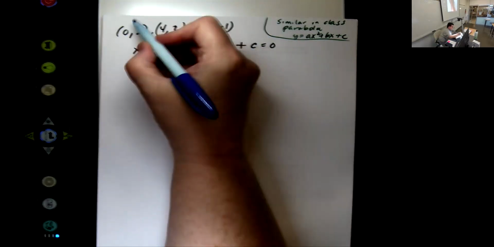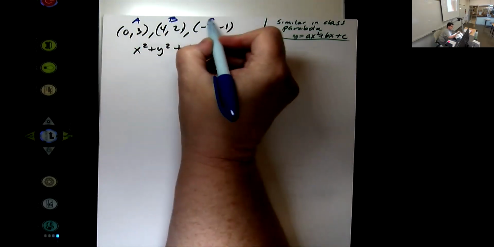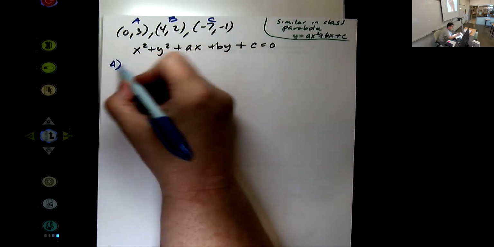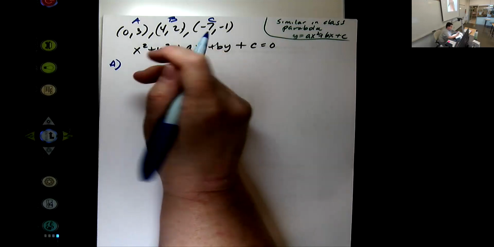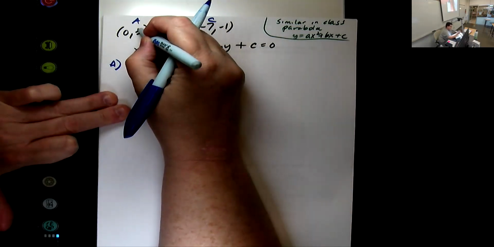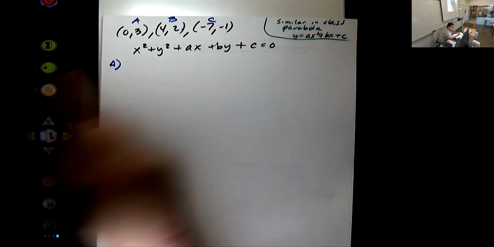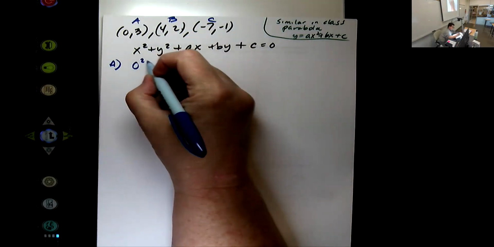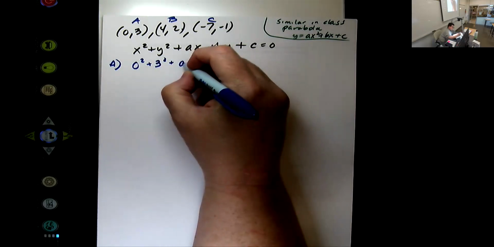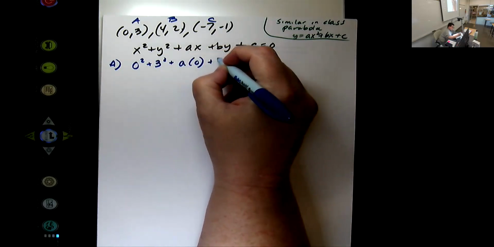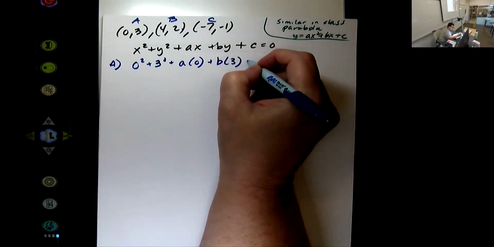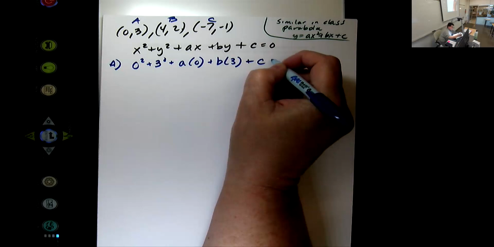All right, so we're going to do this. Let's call these points A, B, and C. Let's go through and do this for each one. If I do A, that's (0, 3). We've got 0 squared plus 3 squared plus a times 0 plus b times 3 plus c equals 0.